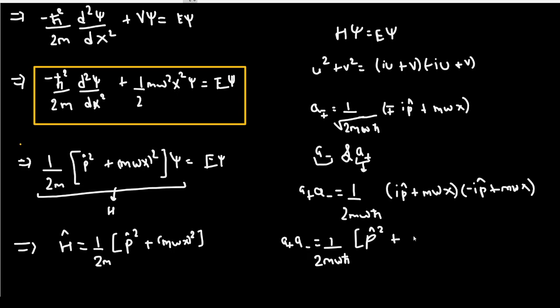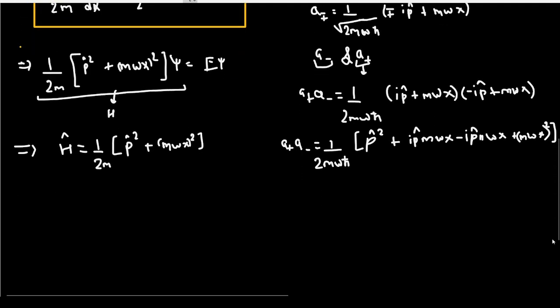Plus iota p cap m omega x, and negative iota p cap m omega x, and plus m omega x whole square. So this is what our equation becomes when we multiply it.